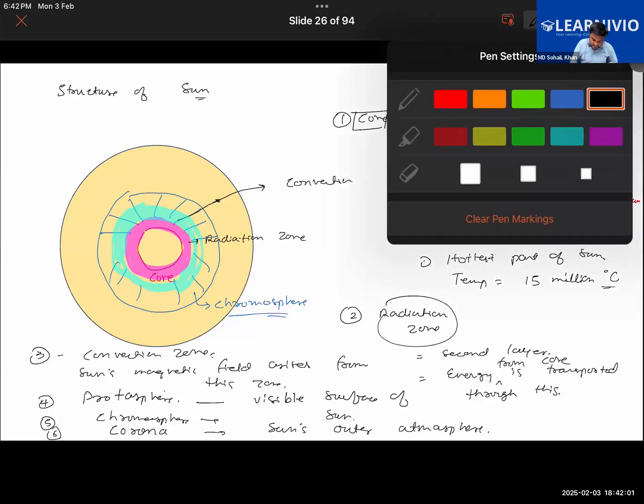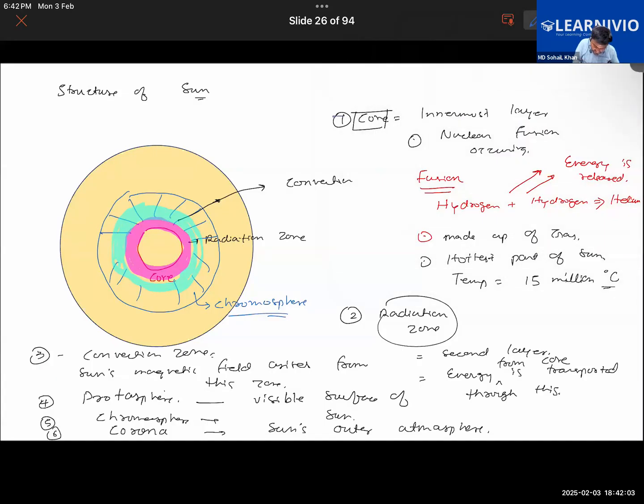So this is the first layer, that is the core. Inside the core, I would say that the radiation zone is part of the core. The convection zone is also part of the core. The second layer is the photosphere. Third is the chromosphere. And the last one, the outer atmosphere of the sun, is the corona.